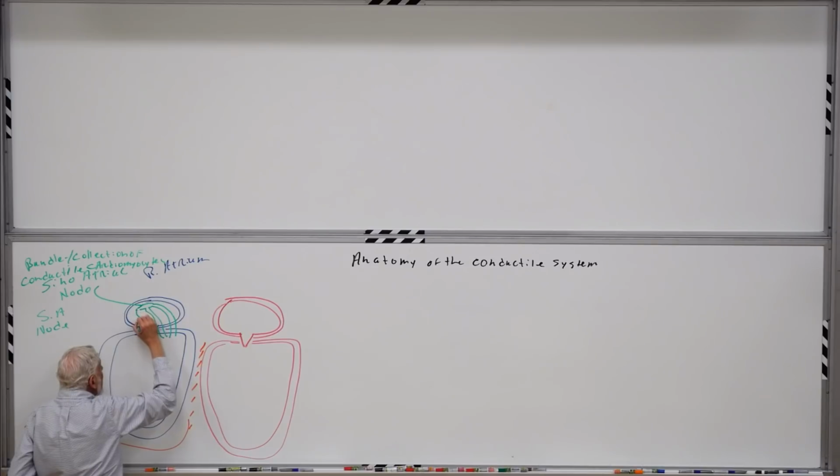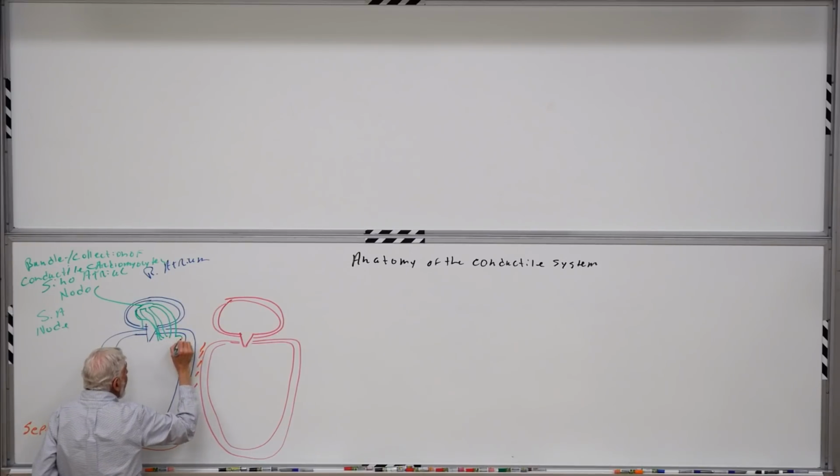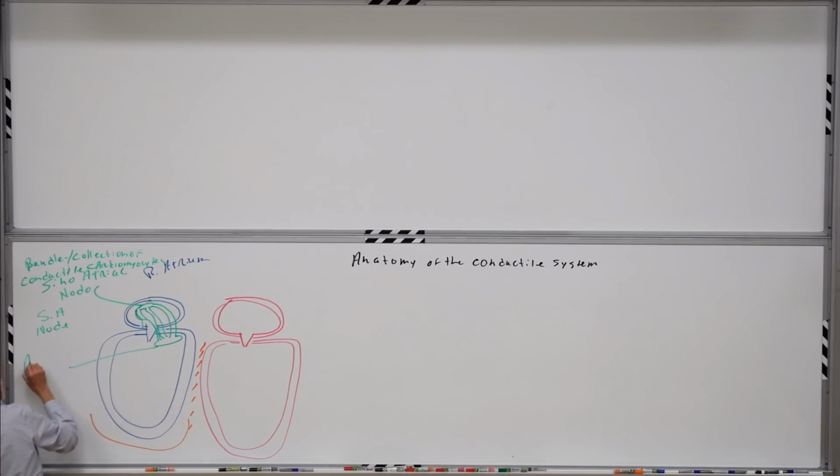And the precise anatomy of this, it's not so important, but these all feed into this structure here called the atrioventricular node.